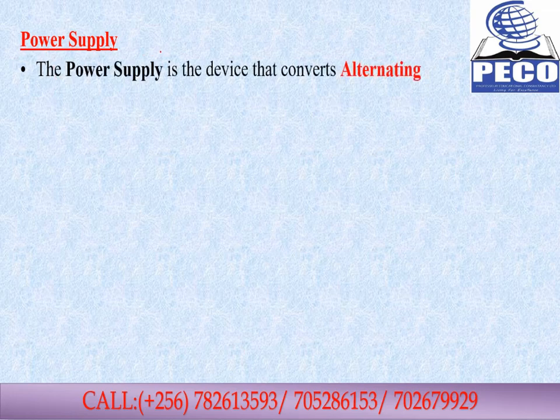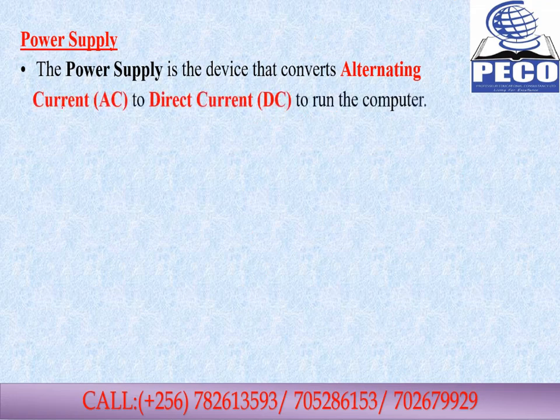So we can look at the role of the power supply. We'll say the power supply is the device that converts alternating current, or AC, to direct current, DC, to run the computer.